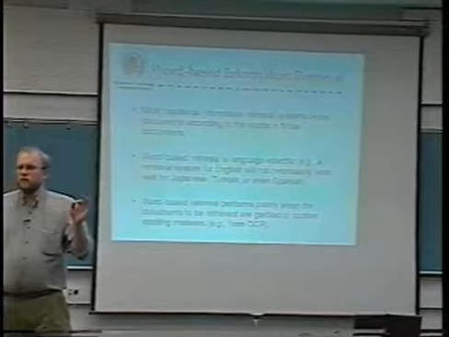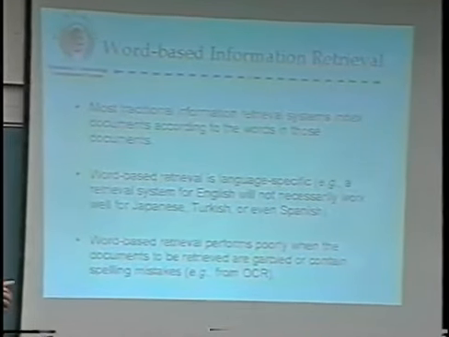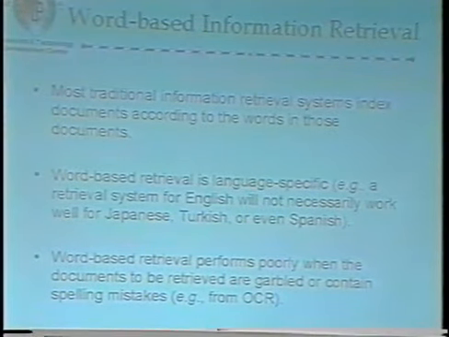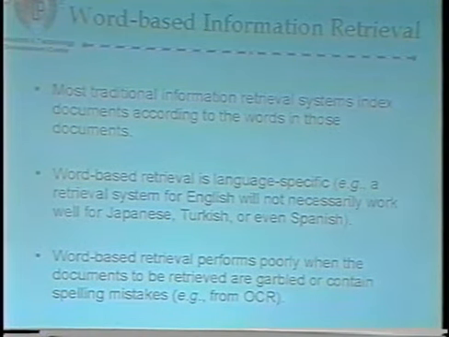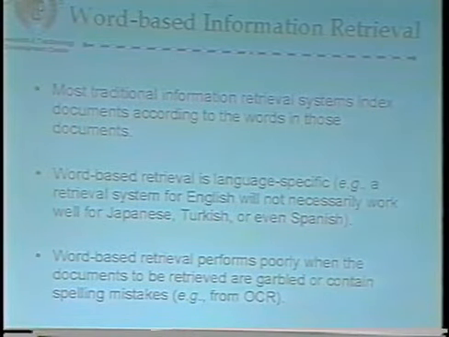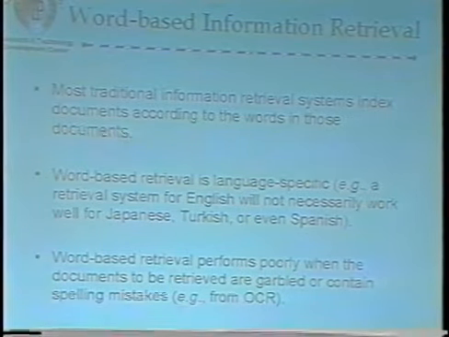The use of words has a number of advantages and disadvantages. Most traditional systems will use words as their indexing terms. There are a few problems with word-based retrieval. One, it is typically language specific.